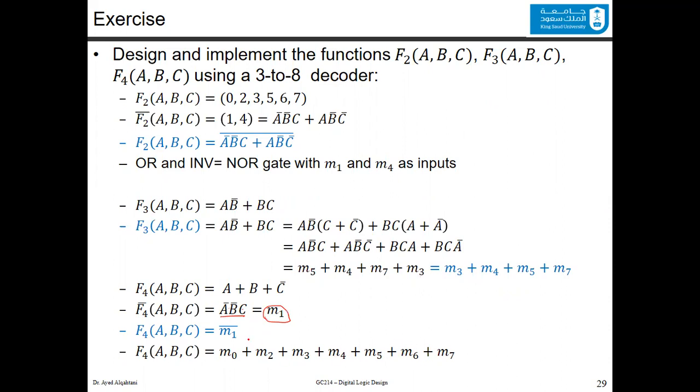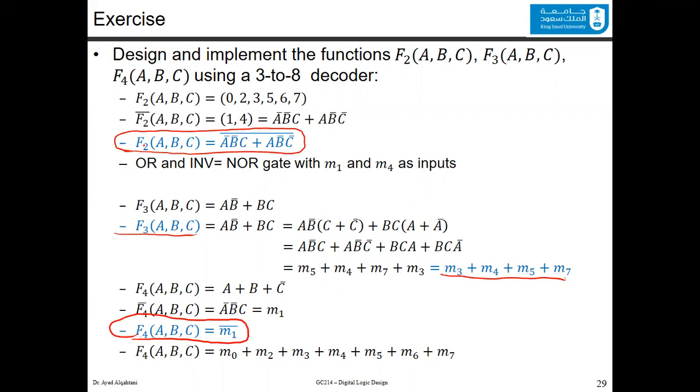But in a smart idea to get the short version of every function, you will implement F2 this way. You will implement F3 this way. And you will implement F4 this way, because this is the short way.